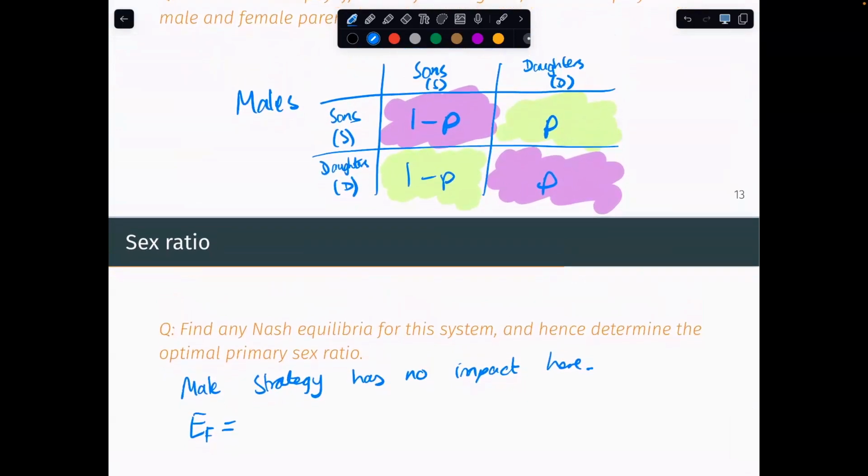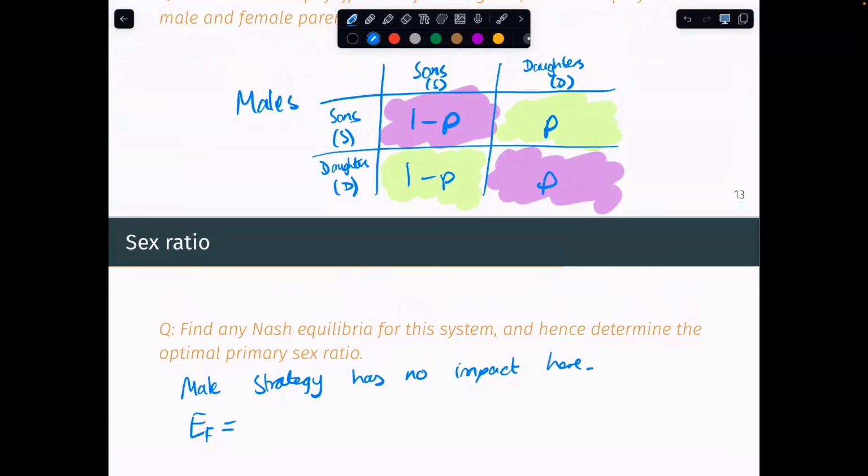Okay, so before we had the probability that player one plays a strategy times by the payoff of that strategy. Here, the probability of males playing that strategy actually depends on the previous generation.